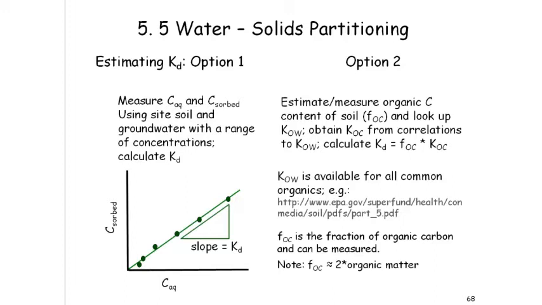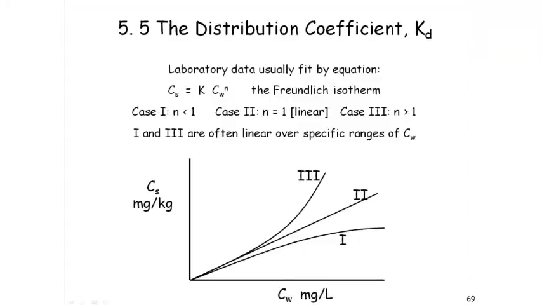Another way of looking at this: if you have data on organic matter rather than organic carbon, the assumption that the organic matter is made up of 50% carbon is not a bad one. The distribution coefficient Kd, normally in experiments, is fit by something called the Freundlich isotherm. The isotherm can have three shapes. It can bend down, it can be a straight line, or it can bend up, depending on the nature of the absorption process.